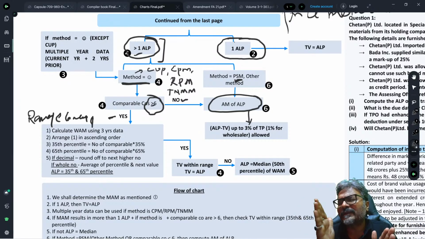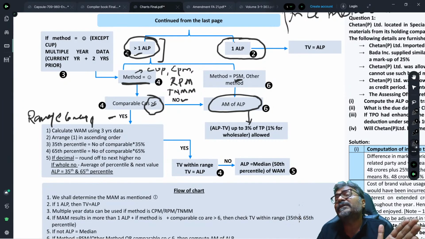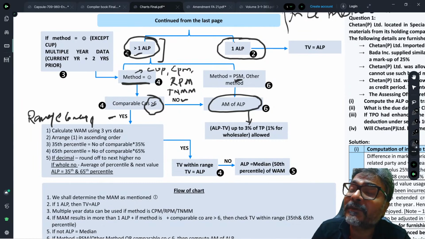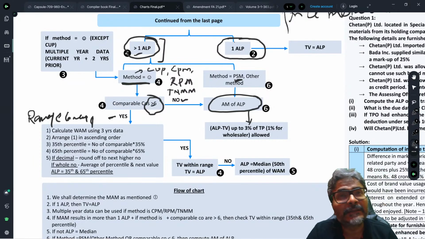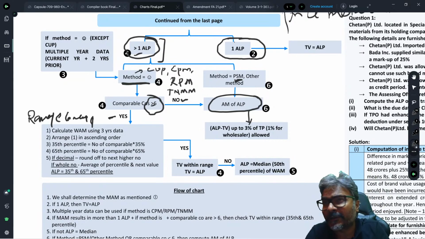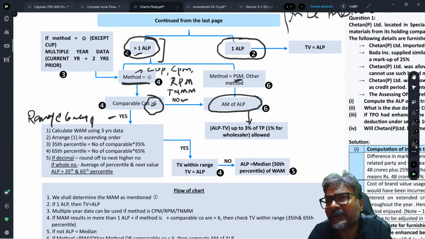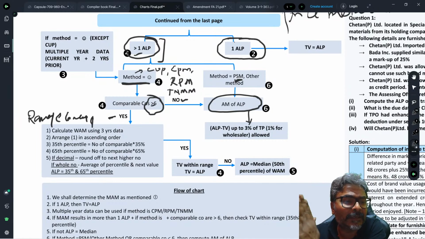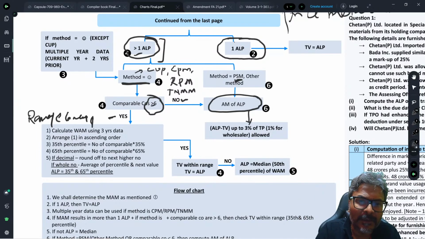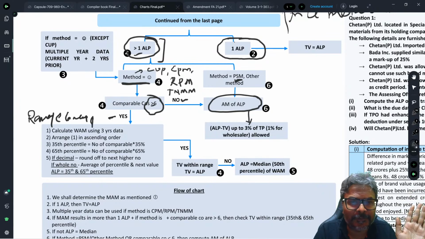The transfer price is compared with the arithmetic mean. But if the deviation is going beyond 3%, then in that case, the arithmetic mean will be the final answer.